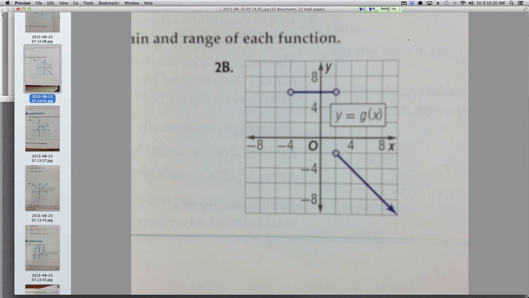Okay, this one has a couple different pieces to it. So look at it. If somebody feels comfortable, you should tell me what the domain would be, and then we'll let somebody else tell me what the range would be.